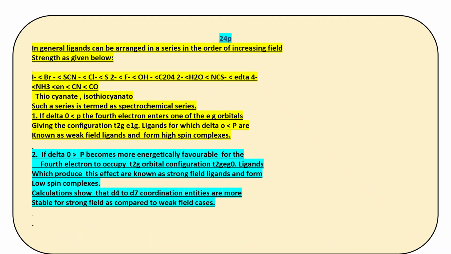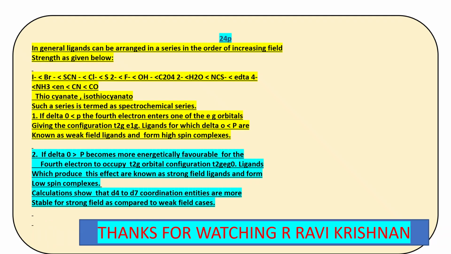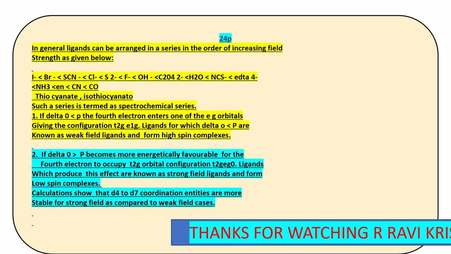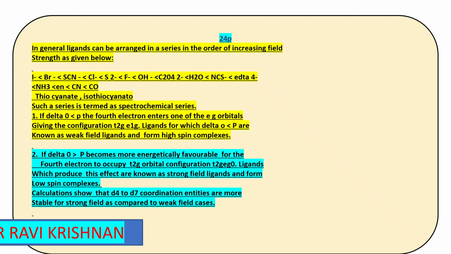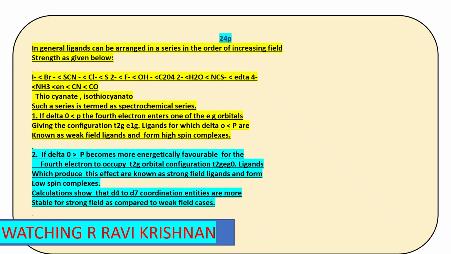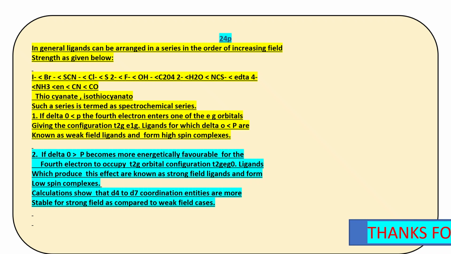If delta o is less than P, the fourth electron enters one of the eg orbitals, giving the configuration t2g3 eg1. Ligands for which delta o is smaller than P are known as weak field ligands and form high spin complexes.